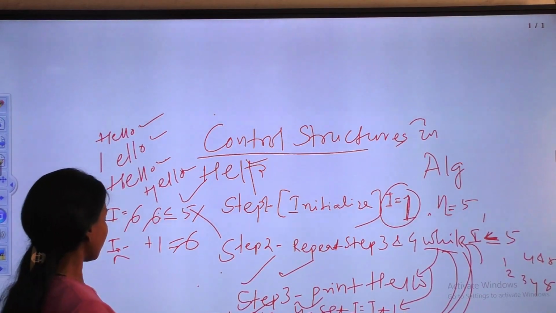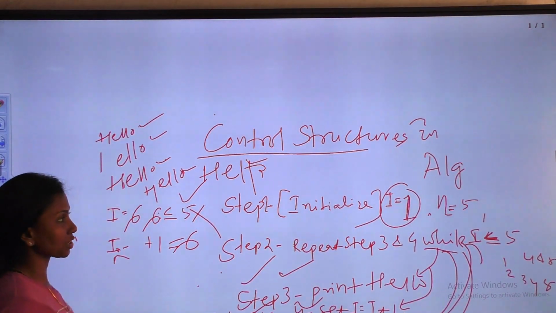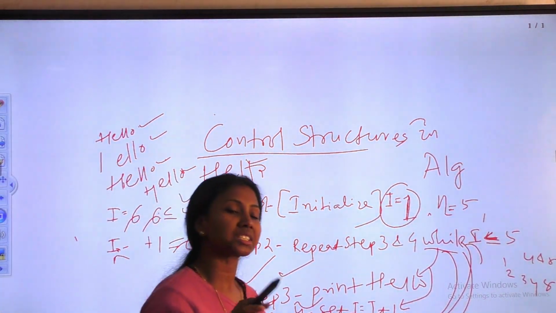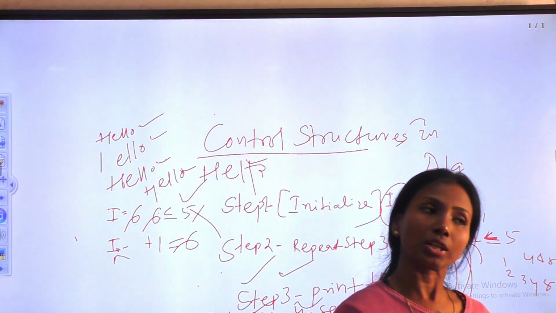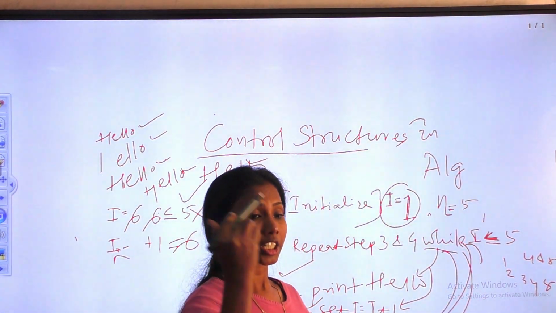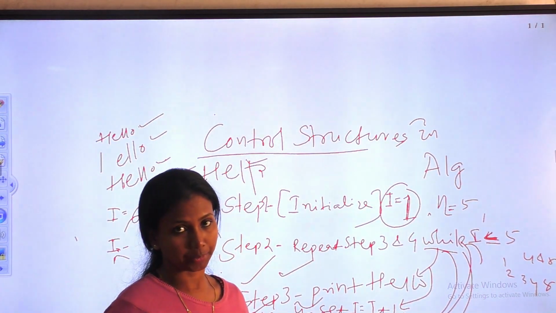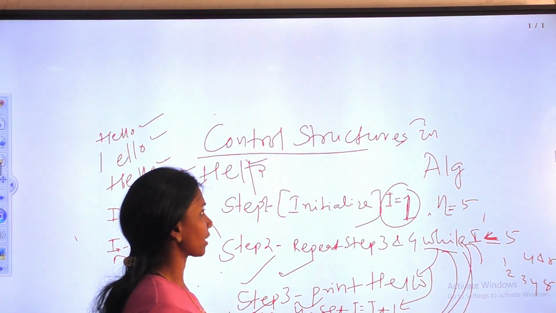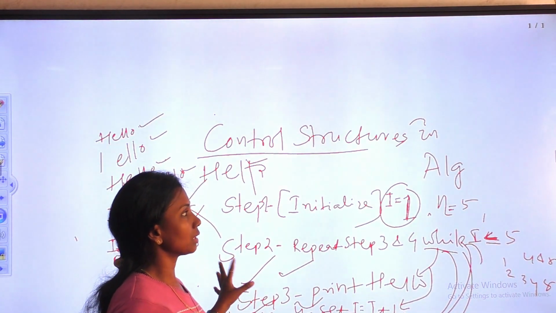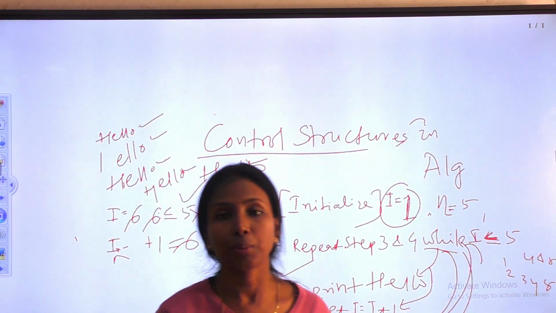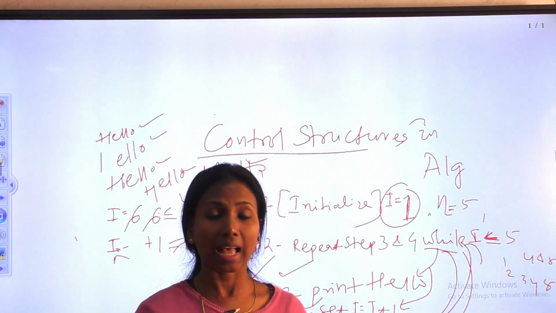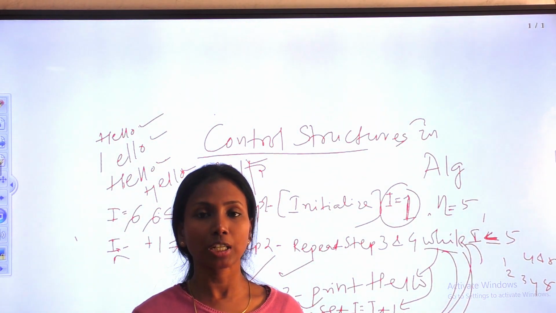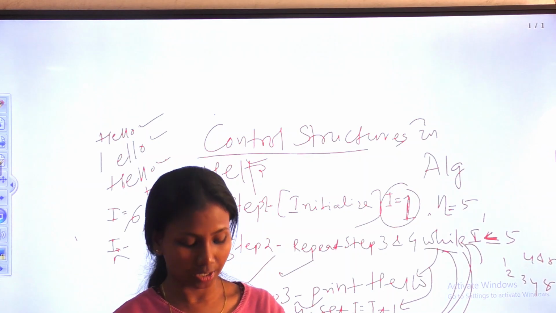Likewise in decision making, if the condition is satisfied, then only it prints. If not, it comes out from the conditional statement and the next statement present there is executed. So this is the basics of problem solving methodologies and algorithm. Next we will study about the flowchart.